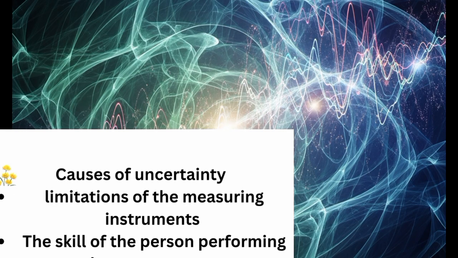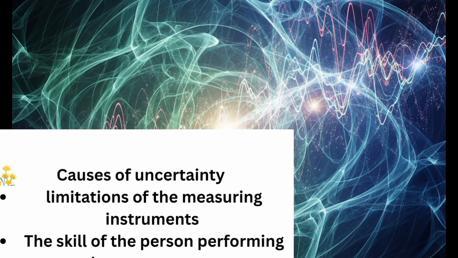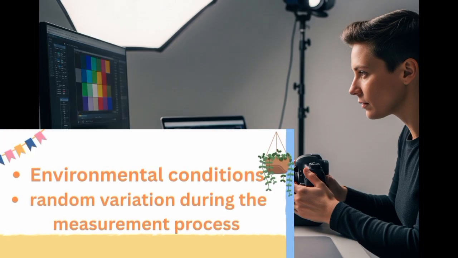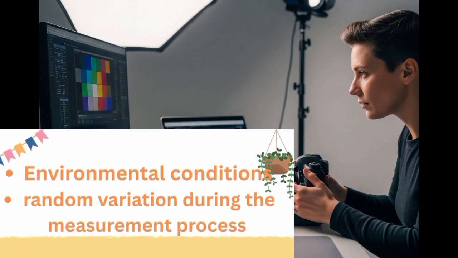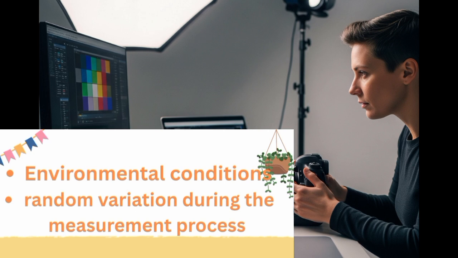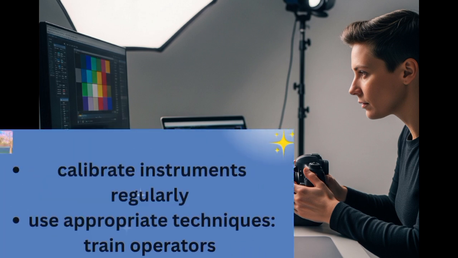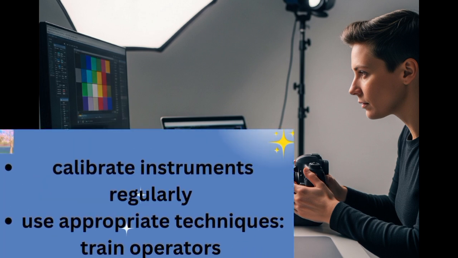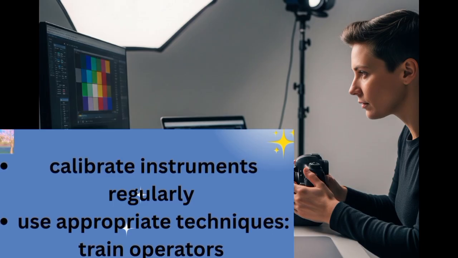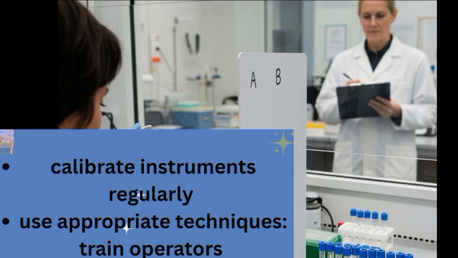To minimize uncertainty, do the following. The first is to calibrate instruments regularly. Calibration is the process of comparing instruments against a known, more accurate reference standard to determine their accuracy and correct any deviations. It's like checking a ruler against a master ruler certified by a national standards lab. The second one is to use appropriate techniques and train operators.